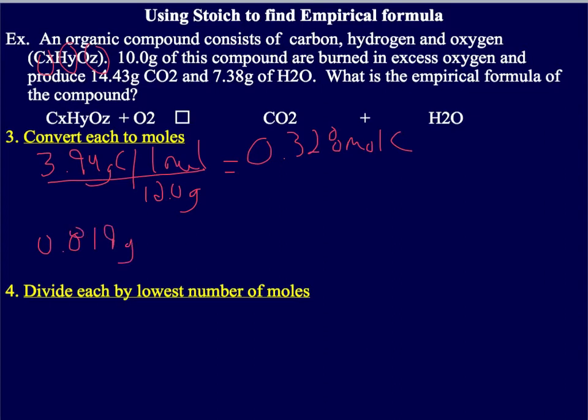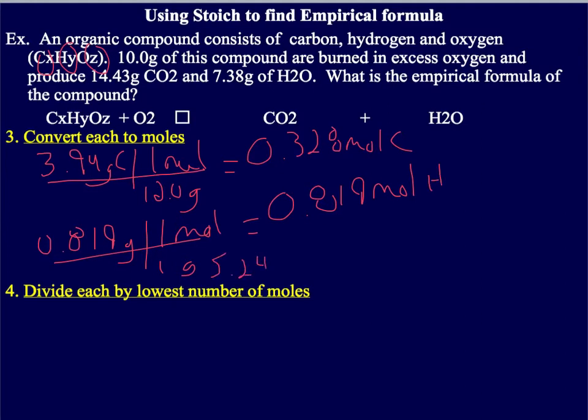And then we'll do the same thing for hydrogen. 0.819 grams, and hydrogen is 1 gram per mole. That's just going to give us the same number. Notice I'm making sure I keep my sig figs. And then the last one is the oxygen. 5.24 grams of oxygen, and oxygen weighs 16 grams in 1 mole.